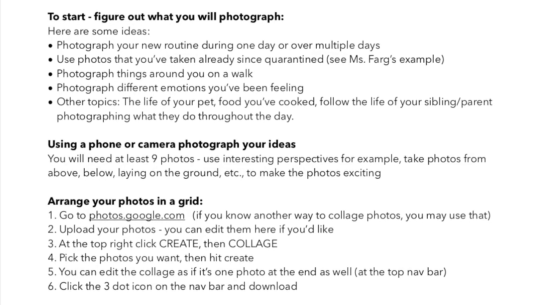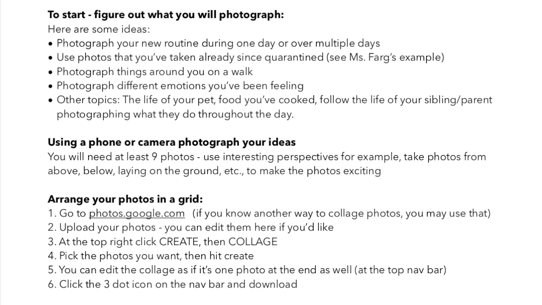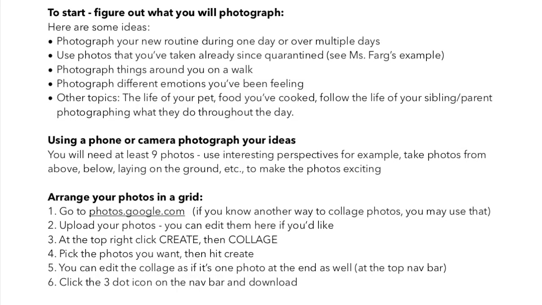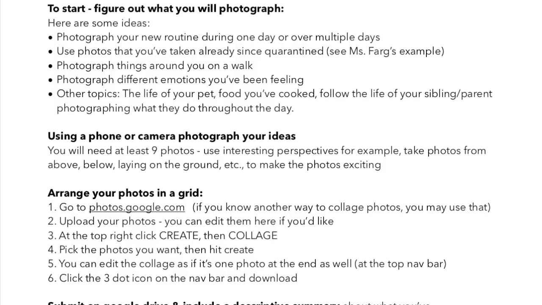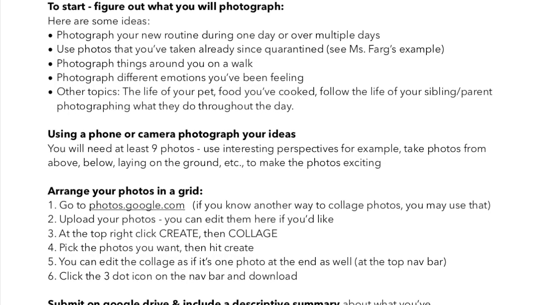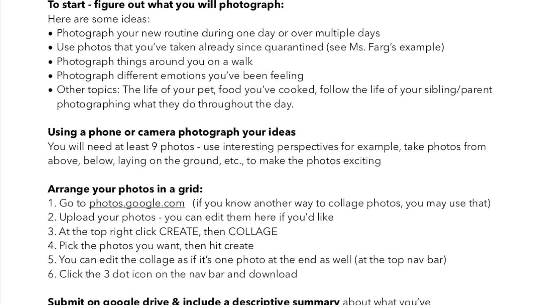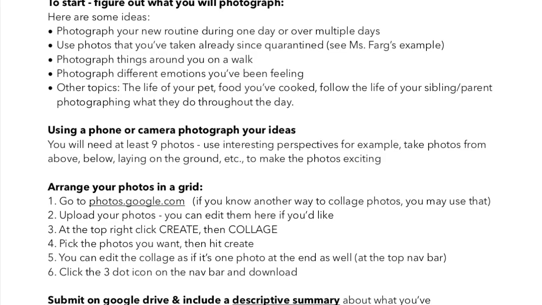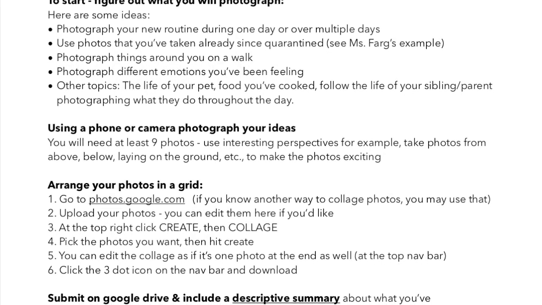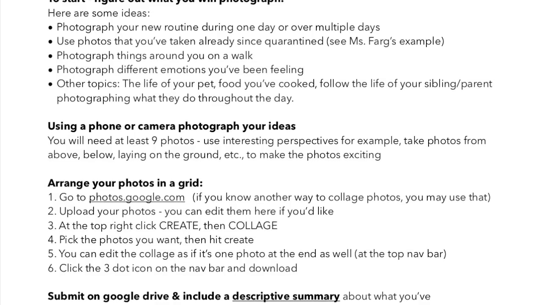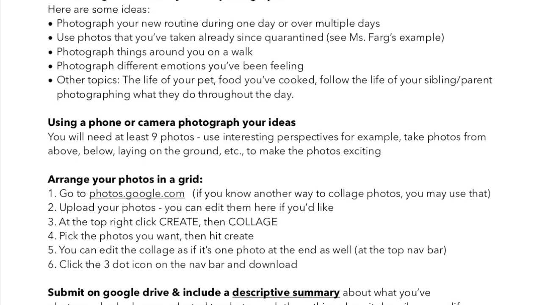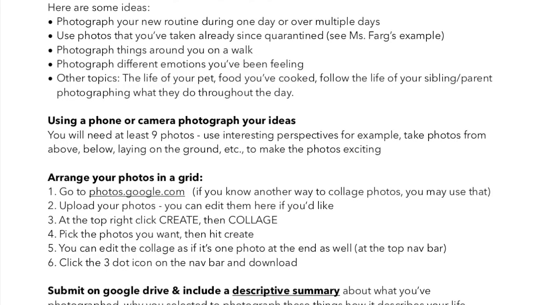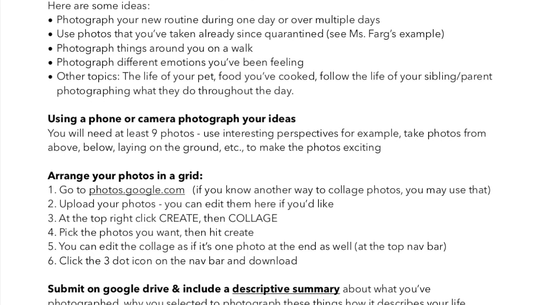It basically just shows you how to collage them in a grid, almost as if they're stacked. Again, you can use a different app or site that you know of if you don't want to use photos.google.com. You just need to be able to download the collage afterwards so that it's high quality. By that I mean that it's just not blurry when you upload it.